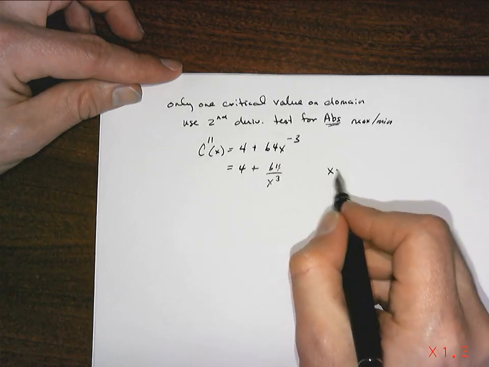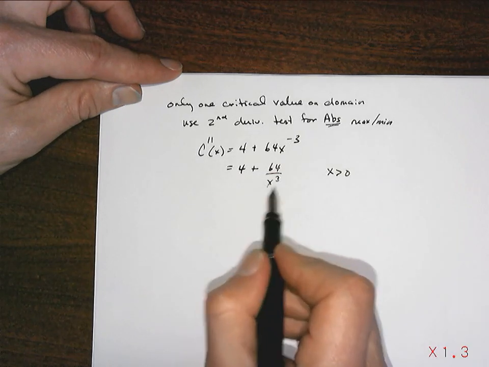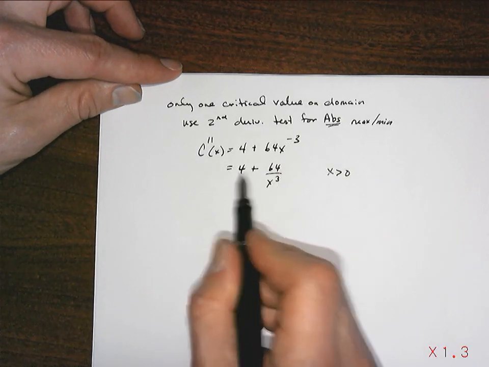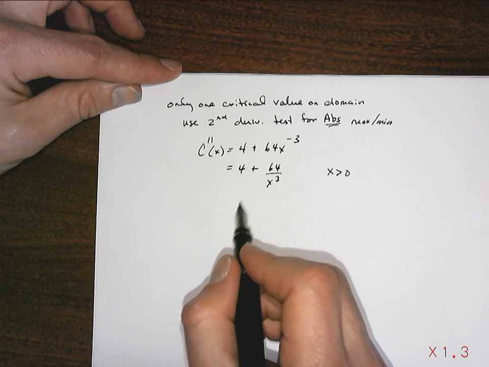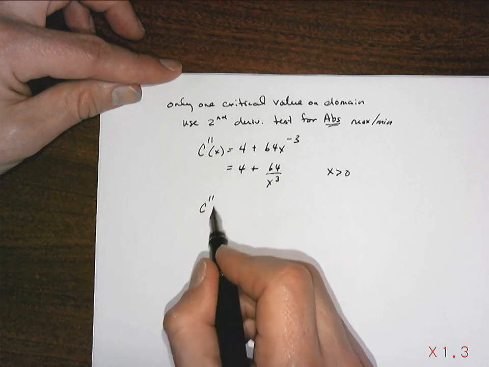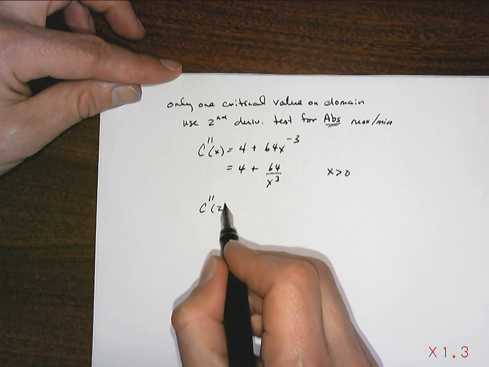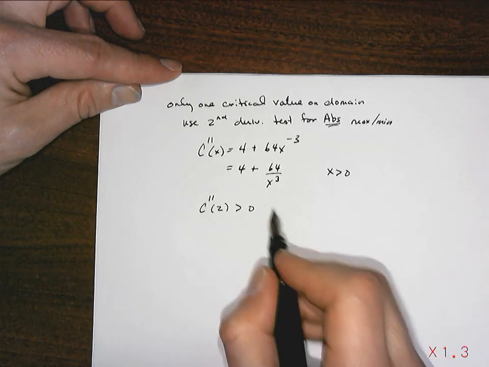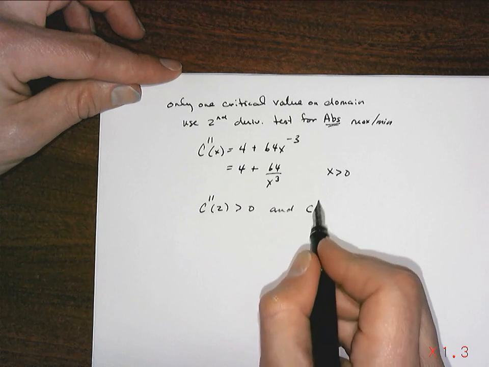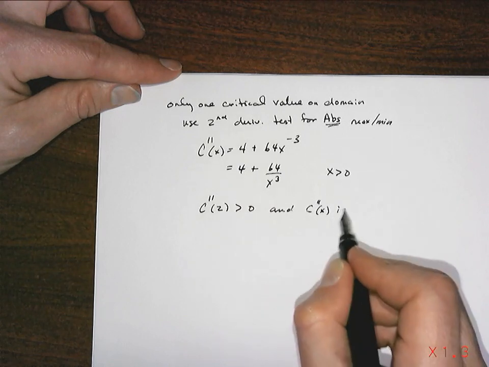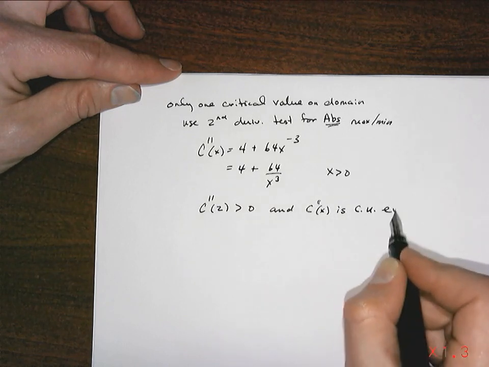Well, we know that x must be greater than 0, so there's no way that this will ever be negative. There's no way the 2 together will ever be negative. So you know that this will be, what was our value we came up with, 2? And is concave up everywhere.